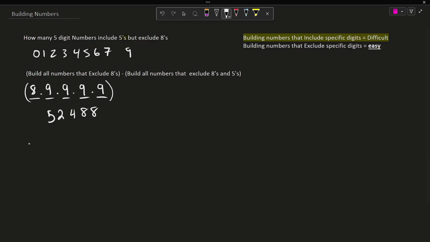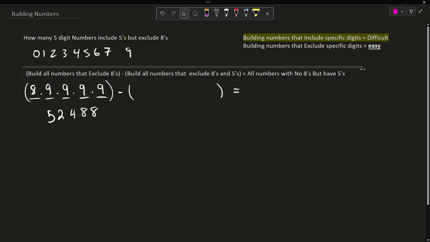And if I subtract these numbers here, I'm going to be left with, conceptually, all numbers that have no 8's but have 5's. Okay, let me make this a bit bigger.